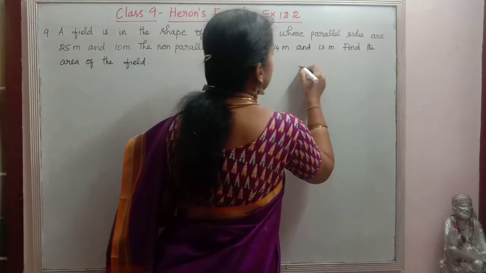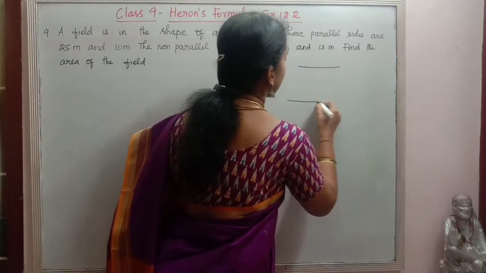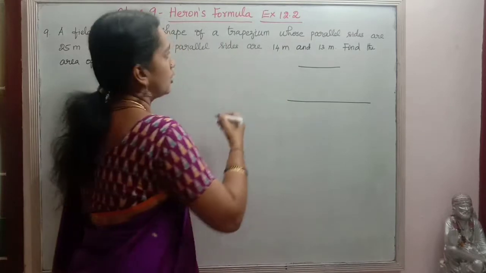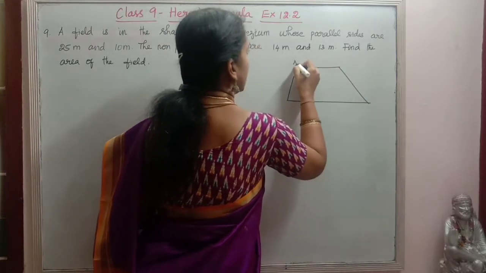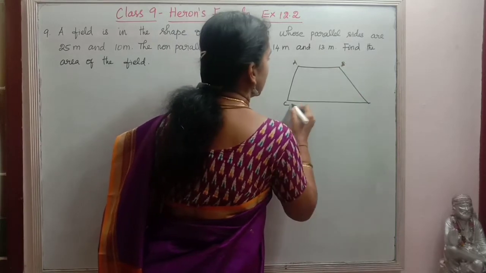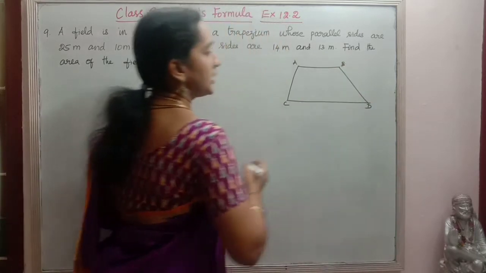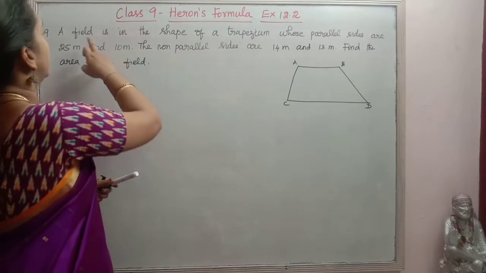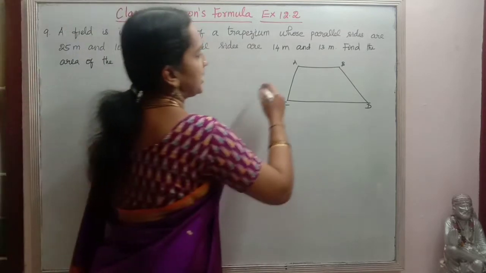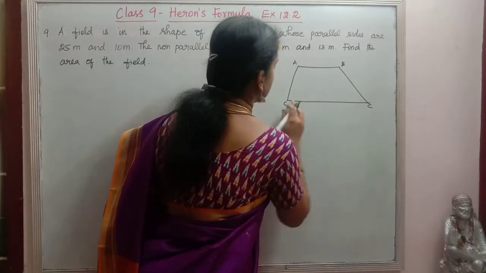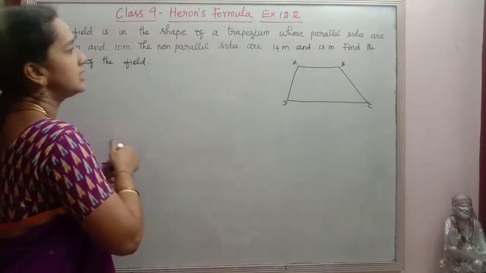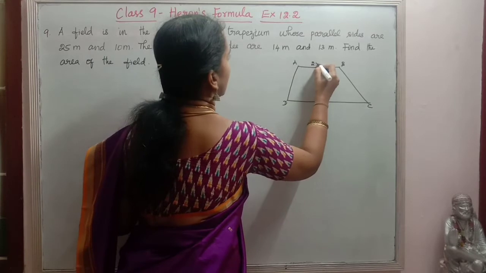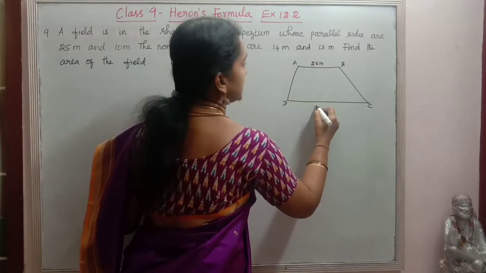Whatever information is given, we will draw it as a figure. So like this we will draw A, B, C, D, a trapezium ABCD whose parallel sides are 25 meter and 10 meter respectively.